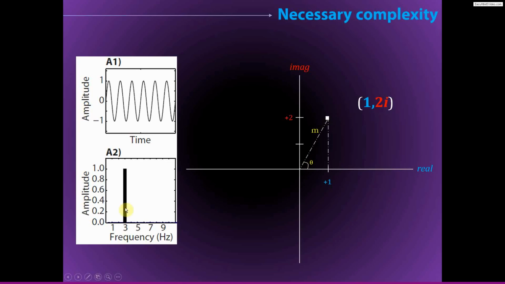And now we take the amplitude, which I'm plotting here. The amplitude is the magnitude of this line. And the phase, which I'm not plotting here but will become relevant in the future, is the angle of this vector relative to the positive real axis. And so this is why we need these complex numbers.